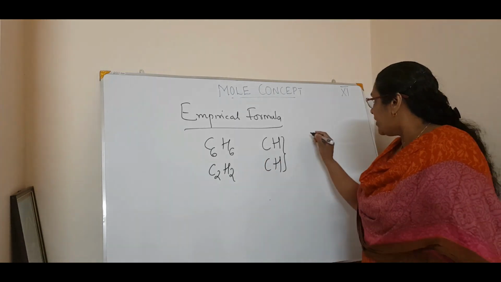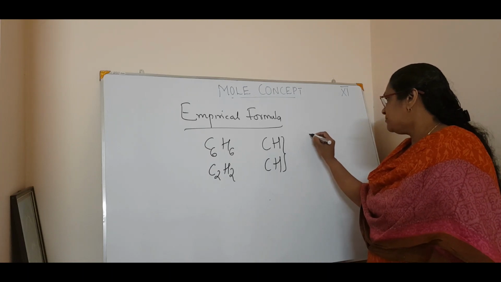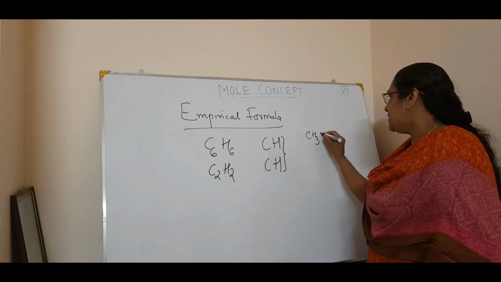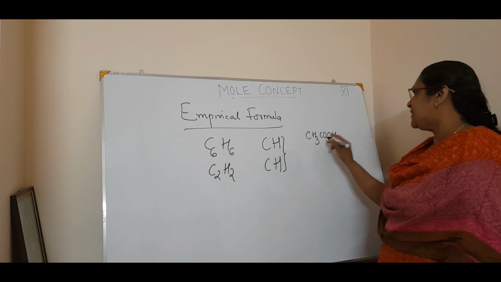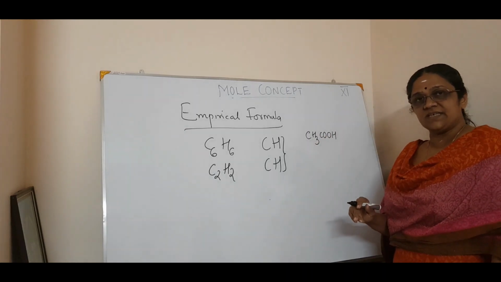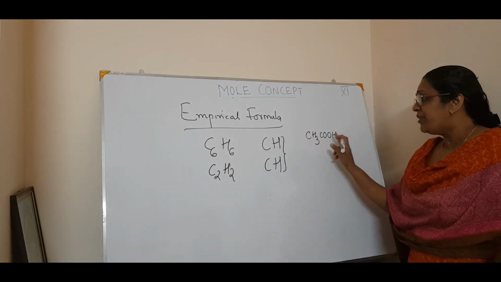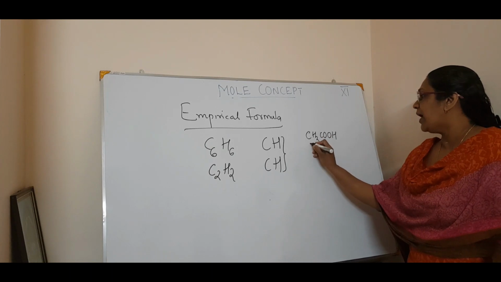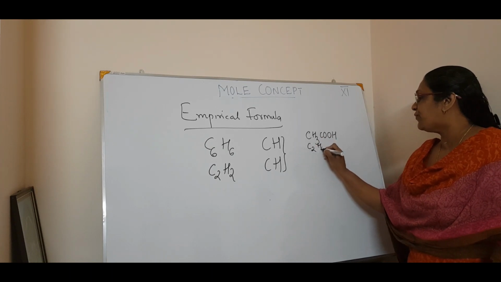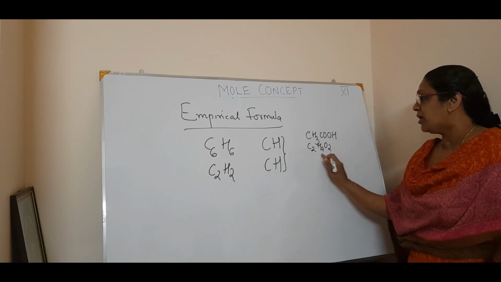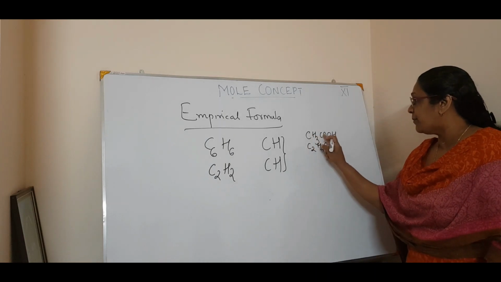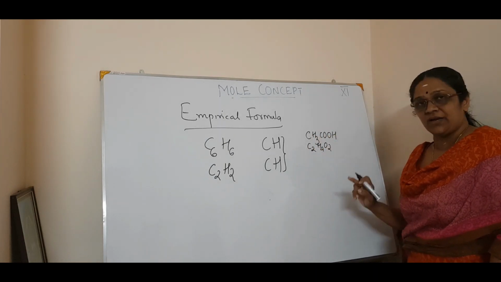Now one more example, if it is CH3COOH. What is it? Acetic acid, isn't it? Now, what is the empirical formula of this? You have C2H4O2, correct? This is a molecular formula because 2 carbon, 2 oxygen and 4 hydrogen.